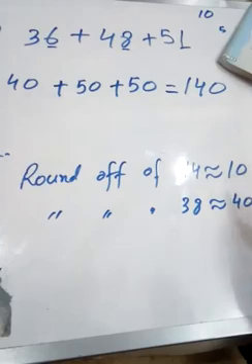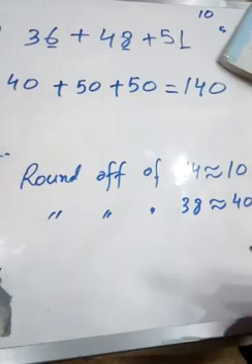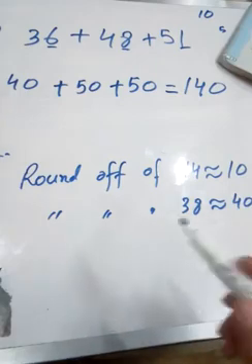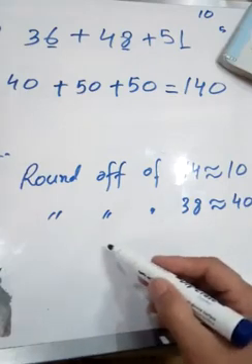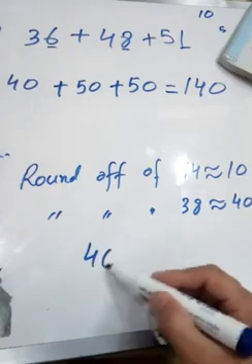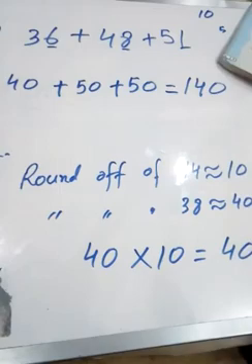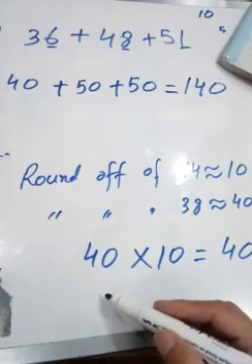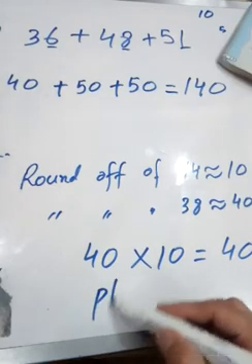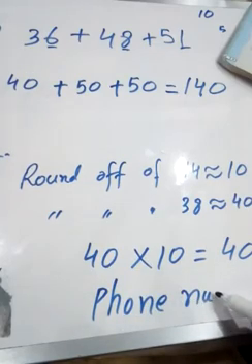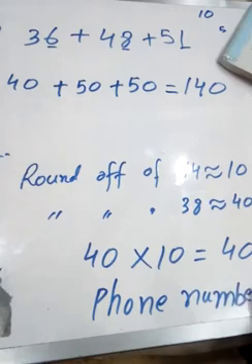Now we have to multiply its answer to estimate how many phone numbers there are total in that book. 40 multiply with 10. So our answer here is 400 phone numbers are there altogether in that book. That is our answer. It's very easy.